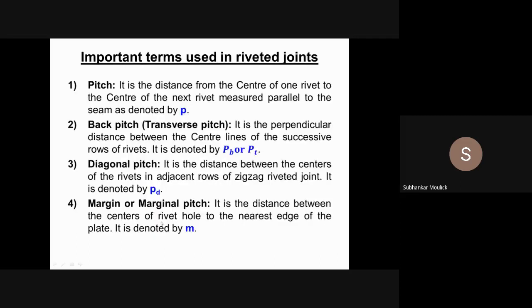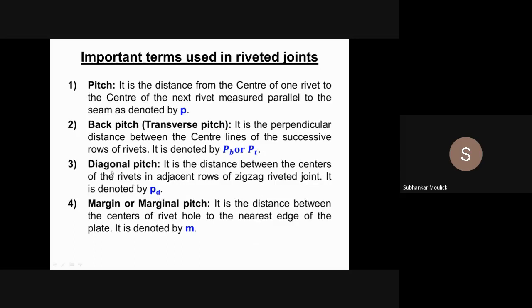The third terminology is the diagonal pitch. Now what is diagonal pitch? It is the distance between the centers of the rivets in adjacent rows of a zigzag rivet joint, denoted by the symbol PD.